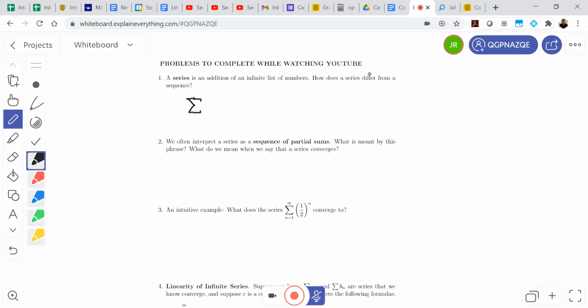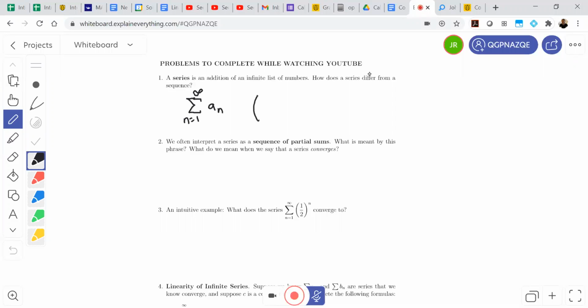We use this sigma for a sum. A series is an infinite summation, so it's a sum from a starting point, let's say n equals 1, up to infinity, it just keeps going, of these terms a sub n. Every a sub n is a number, and what we're doing is we're adding them all up.